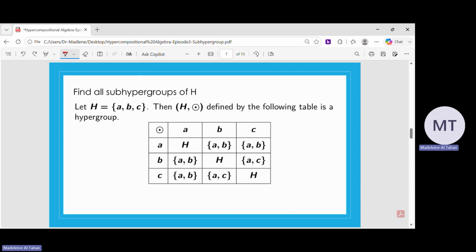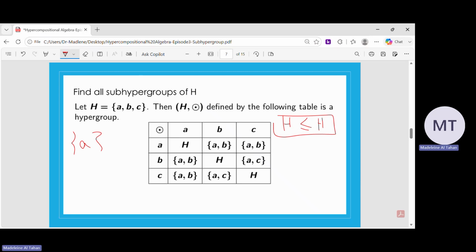And our aim is to find all subhypergroups. Again, it's finite. We can first list all non-empty subsets of this hypergroup. We have the singletons, we have the pairs, and we have H itself. And of course, H trivially is a subhypergroup of H. Now, let's check the singletons.